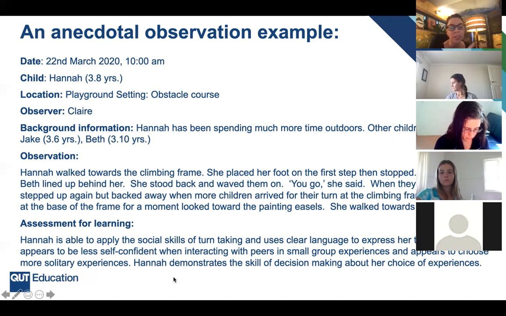This is so you can still engage with and participate with children and students, and especially if you're in an early childhood setting, in an outdoor playground, for example, you really will still need to be engaging with a group of students, and you also need to be monitoring carefully as well. These anecdotal observations are generally written in past tense as well, as we saw in this very detailed example.